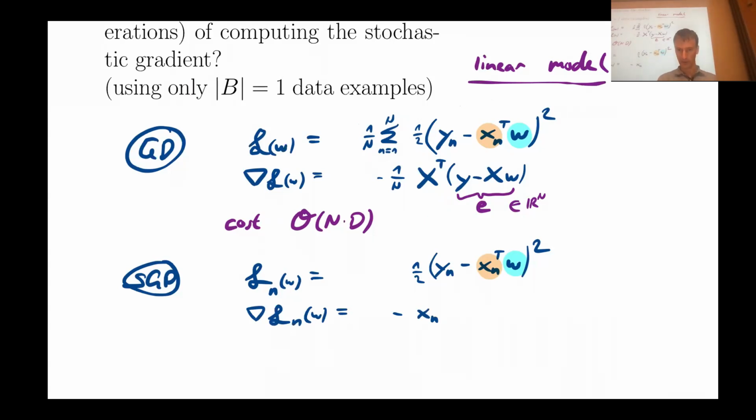It just depends on the nth data point and on the nth error. So that's the answer. And what is this? This is a number. It's just how wrong the nth data point is classified.